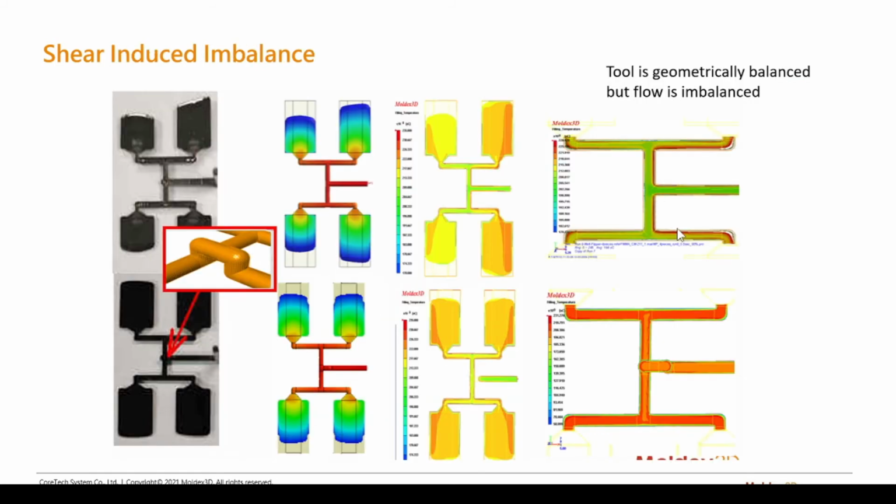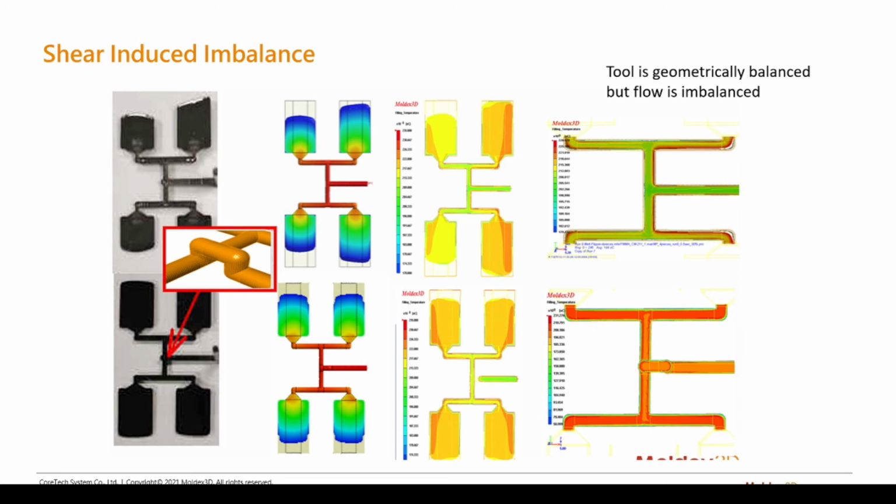All right, so shear induced imbalance as a concept can be shown through this very simple 4-cavity mold. We have a perfectly geometrically balanced runner layout where the flow length to each of these cavities is exactly the same. However, we get a pretty obvious difference in the flow through this runner.